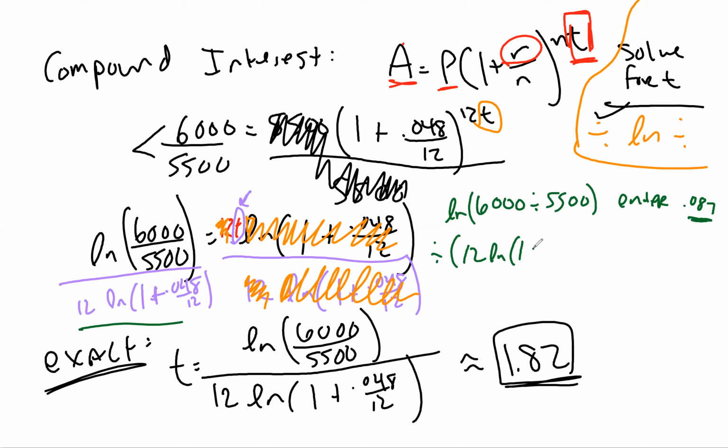You hit 1 plus 0.048 divided by 12, two parentheses, and then hit enter. And when you do that, you should get 1.82. So take a sec. Let's all make sure that we're typing this in. Let's see what we get. Okay, that's what I got. So you take a second and let's make sure that's what you get too, please.